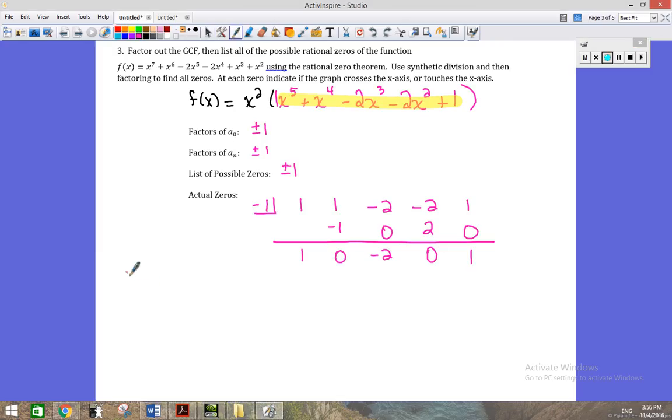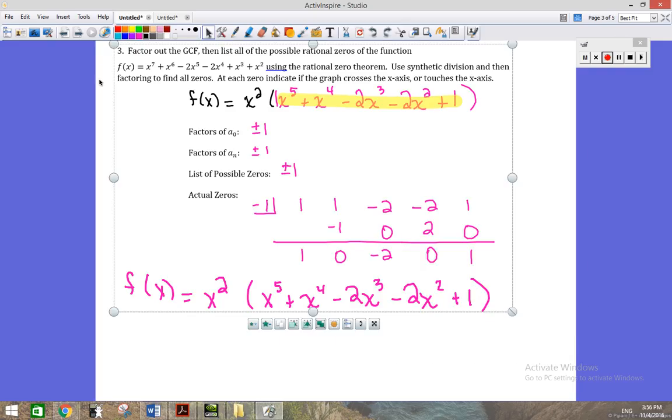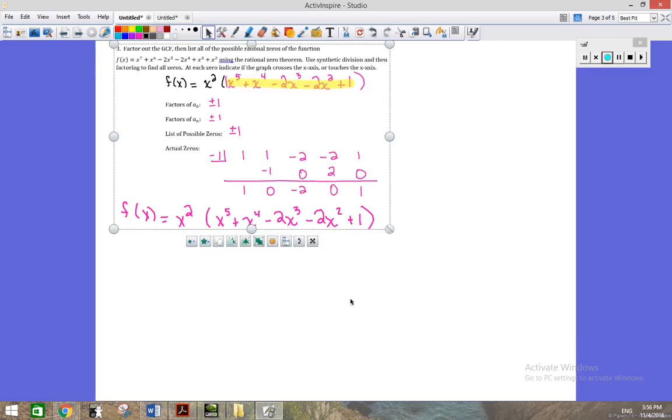Well, it didn't turn out that way. We did not get a zero remainder. So I can factor this only so far, to here, and this x to the 5th plus x to the 4th minus 2x cubed minus 2x squared plus 1 we'll talk about in a second. First, let's focus on this factor of x squared. Remember, if I set this expression equal to 0, then either x squared equals 0 or this expression equals 0.